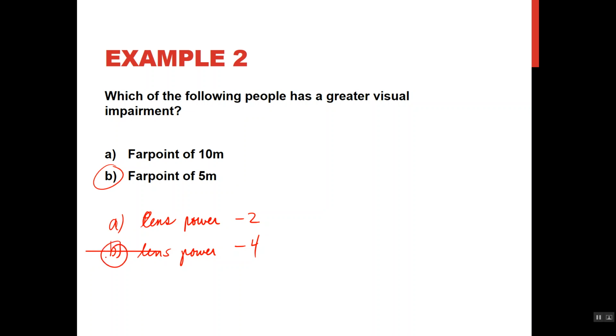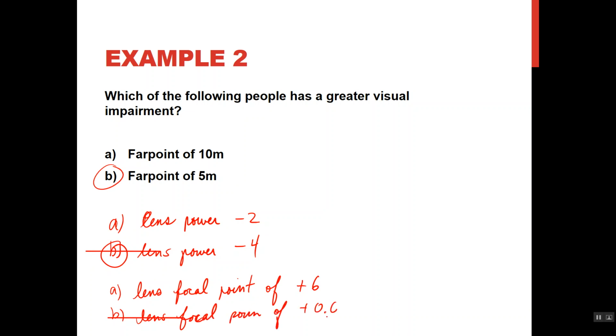B. If I were to say another question, A and B, so lens focal length of +6 and a lens focal length of +0.6. +6 has a stronger visual impairment, 0.6.